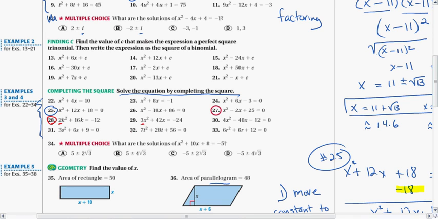I've got a 3. 30 is like that. I've got a 4. I need to do something to cancel out that term. So I am going to do number 30. Number 30 is 4x squared minus 40x minus 12 equals 0.